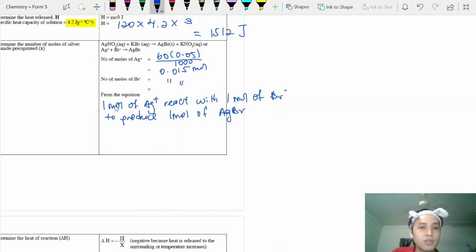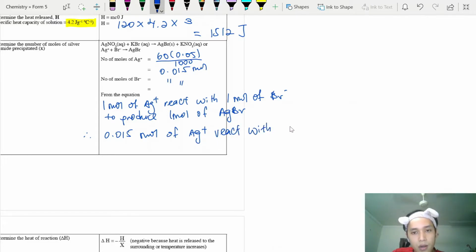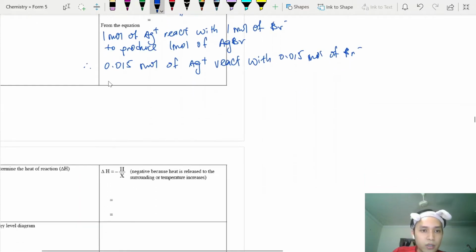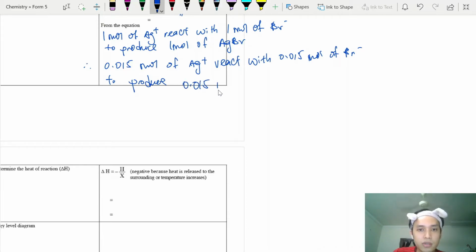So this one is based on the balanced equation here. Therefore 0.015 mole. This is a lot of work. Oh my god. I wonder who was the first person who asked everyone to write all these things. So curious.